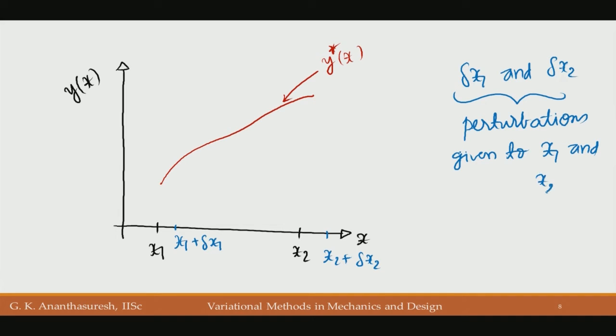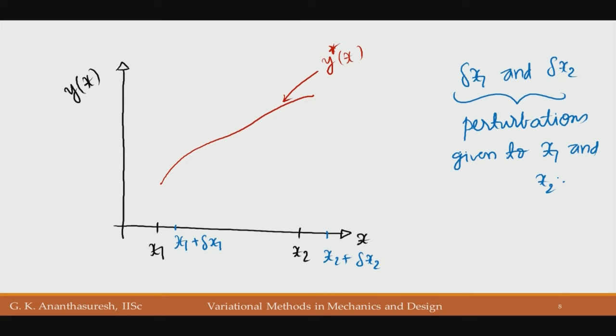Whenever we say local, right from the beginning of this course we have been saying, if somebody gives you an answer and says this is the minimizing quantity, a number or a function, we need to perturb and see locally it actually gives the least value of the objective function, with or without constraints.